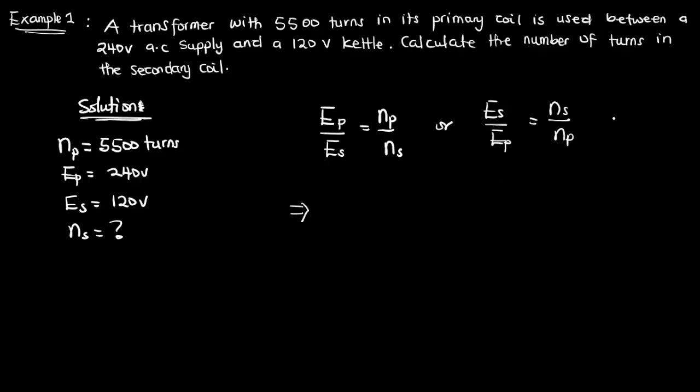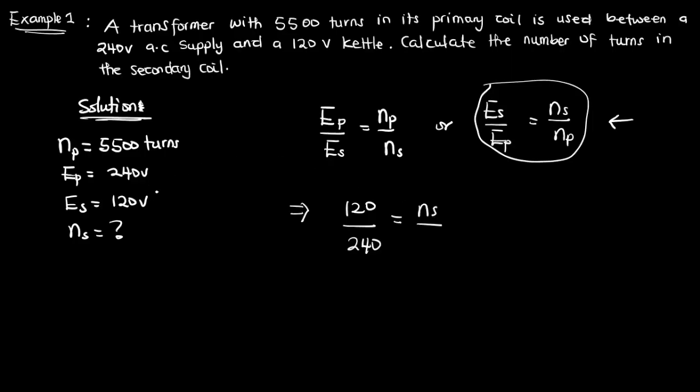So let me use this one for the sake of consistency. Our secondary EMF is 120 over our primary EMF, which is 240, and this is equal to the number of turns in the secondary coil, which we do not know, over the number of turns in the primary, which is 5,500.